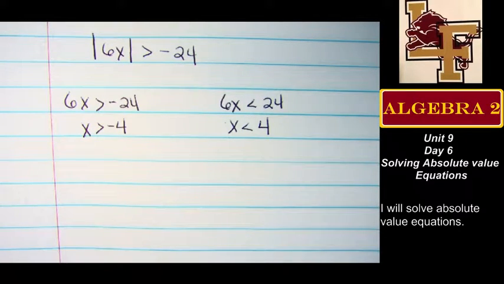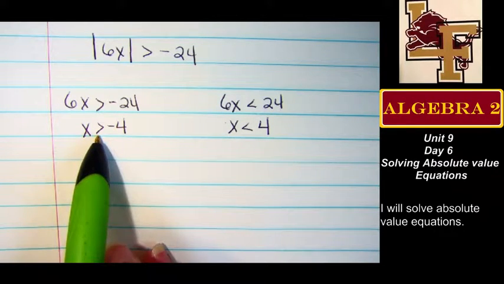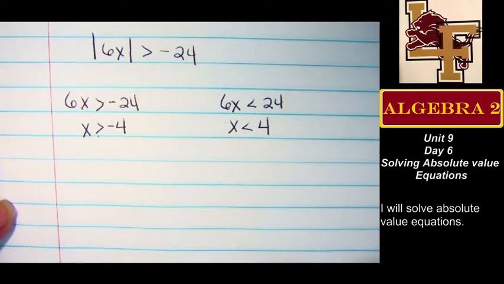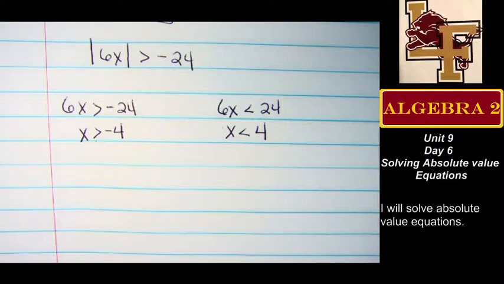When you divide through by a negative, you do change the symbol. I divided through by a positive, so there's no change to my symbol here. Good news, you don't have to check. The check the solutions turns into draw the solutions.